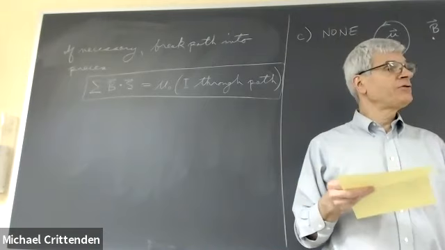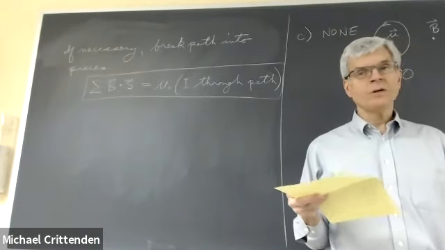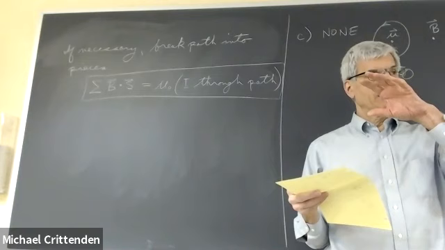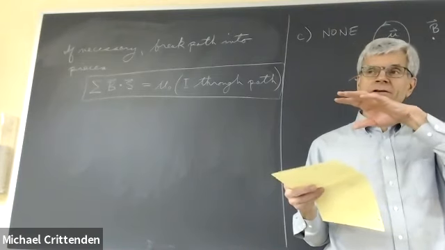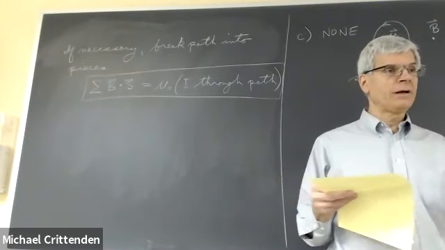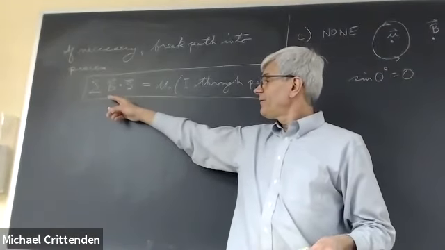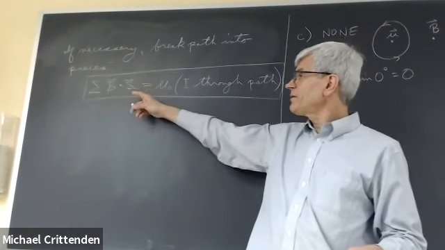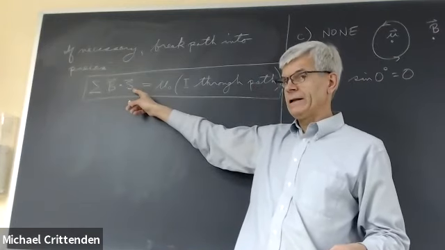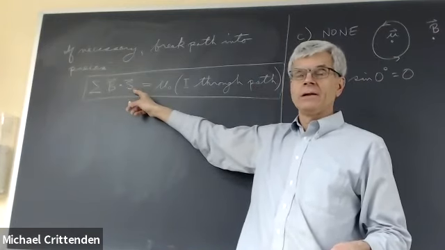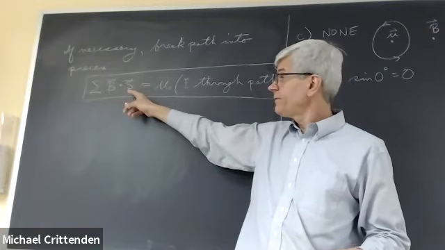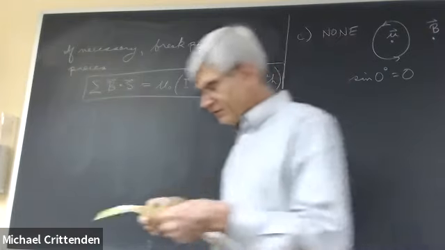But of course, the most general case would be if you've got a field that's varying continuously from one point to another. You wouldn't be able to break the path up into a finite number of pieces, each with a finite length. You'd have to take the limit of infinitely many, infinitely small pieces.